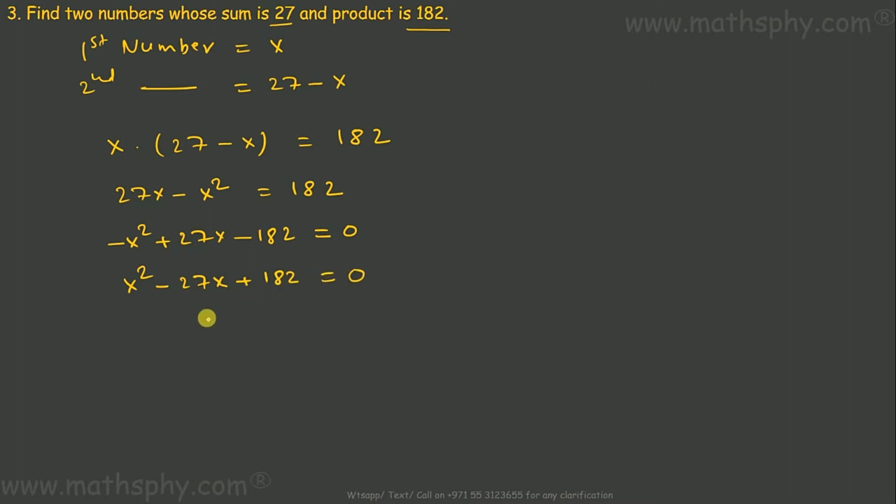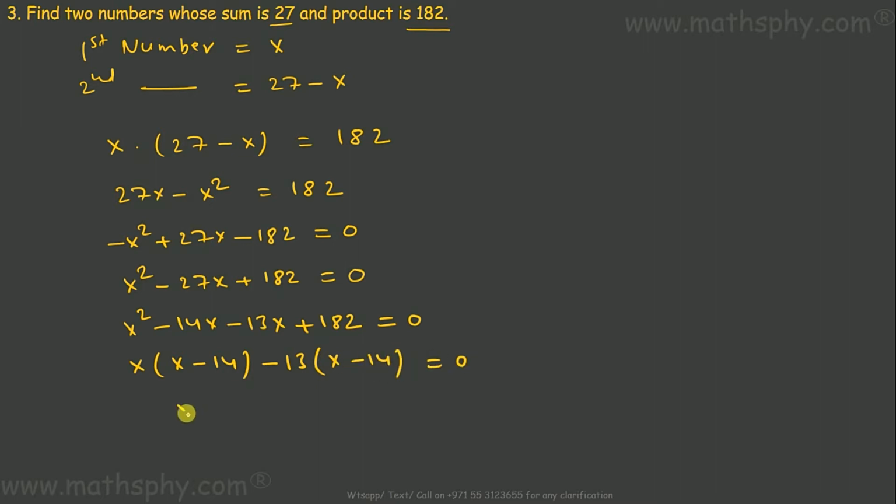Now let's split this. This can be x squared minus 14x minus 13x plus 182 equals 0. So this can be x as common, x minus 14, minus 13 as common, x minus 14 equals 0.